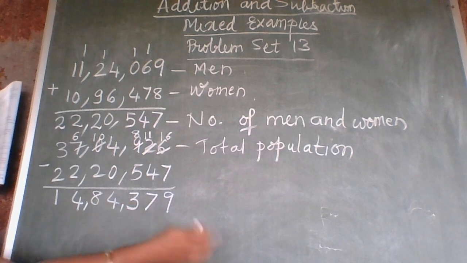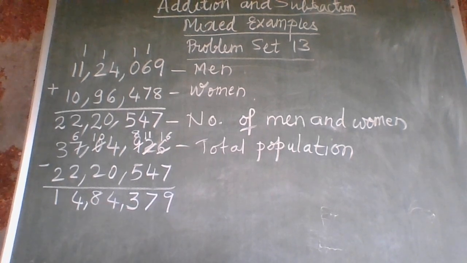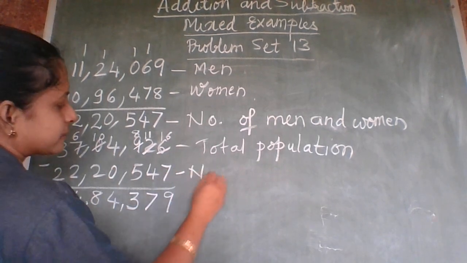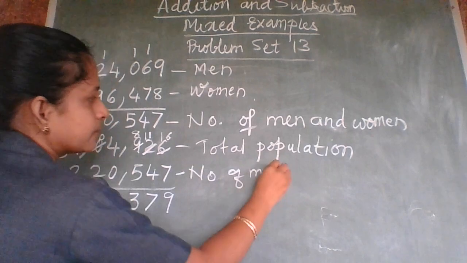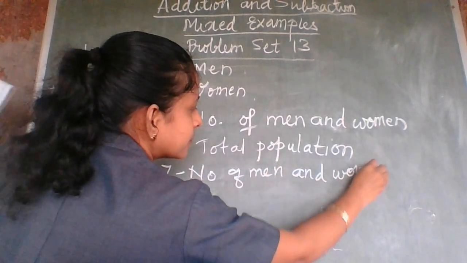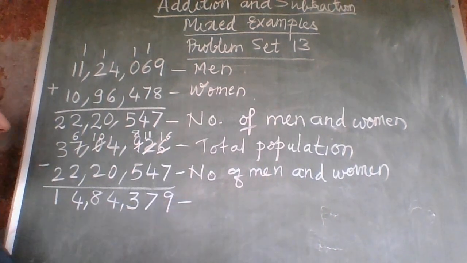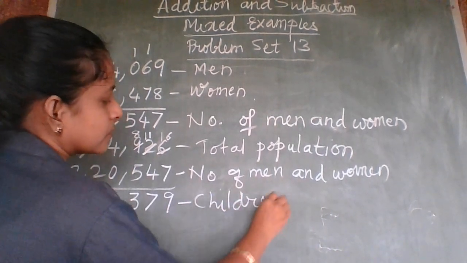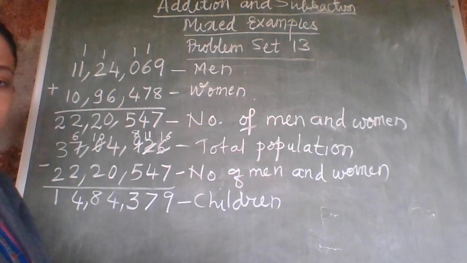So the total number of children in that particular city were 14,84,379. So these were the number of men and women together, and these were the number of children in the city.